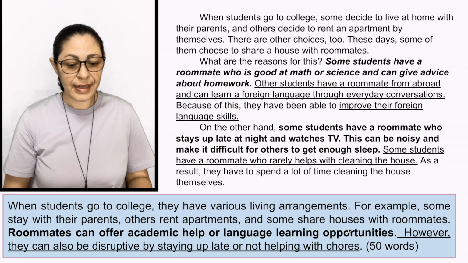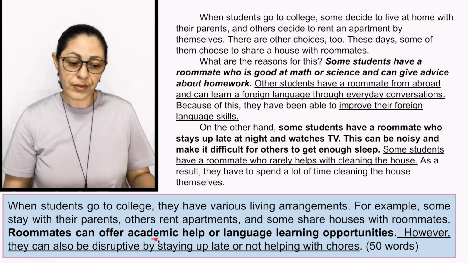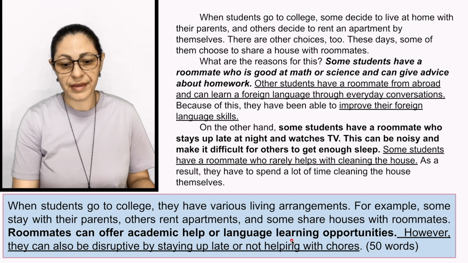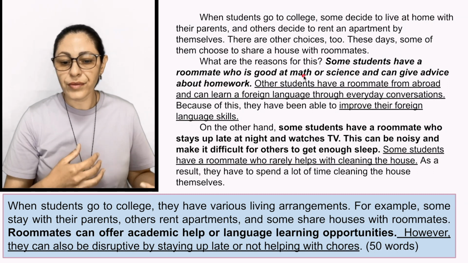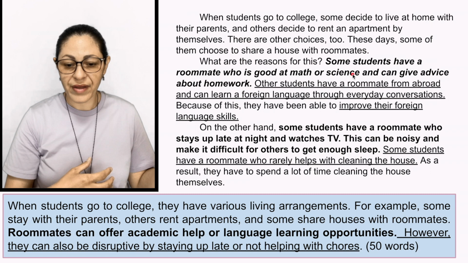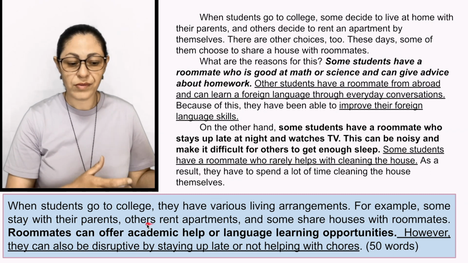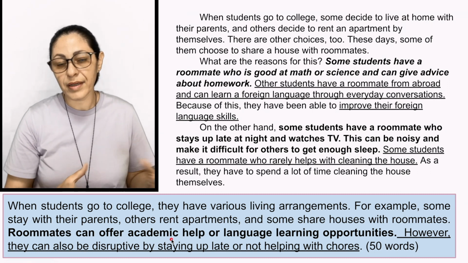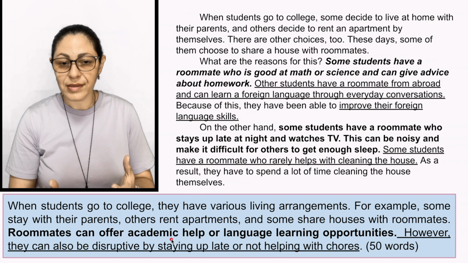And then after that, I wrote about the advantages and disadvantages. Okay, the passage says that you might have a roommate who is good at math or science, so I didn't use math or science. I said a roommate that can offer academic help because academic relates to studying.